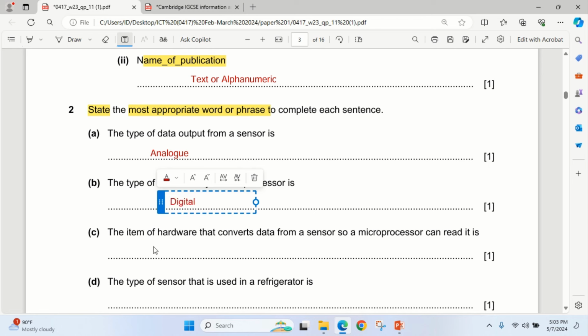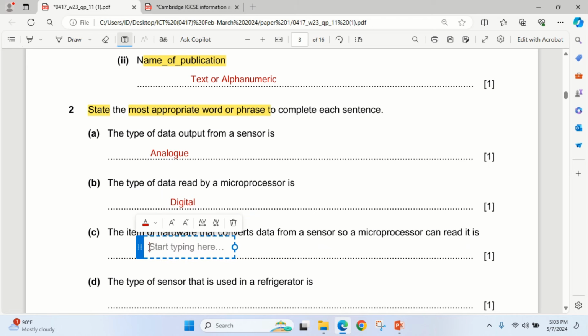And C, the item of hardware that converts data from a sensor so a microprocessor can read it is an ADC. Why is it so? An ADC, or what we call analog to digital converter. Okay, good.